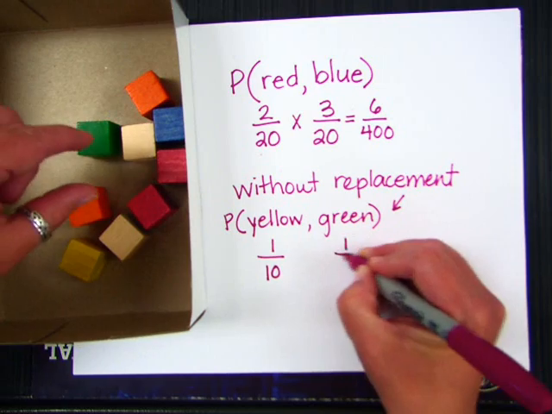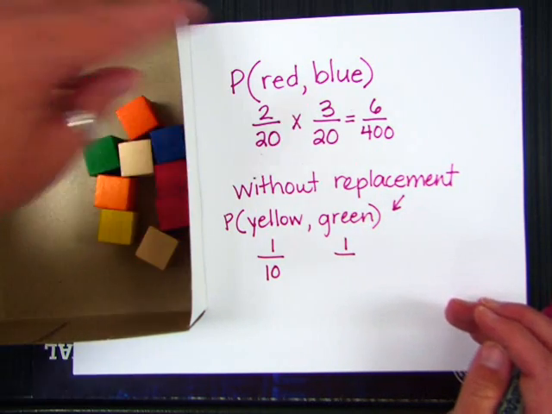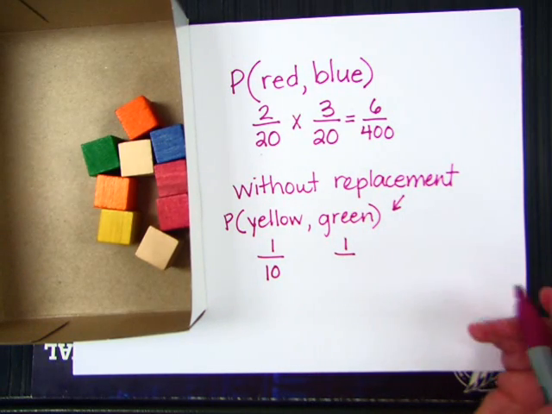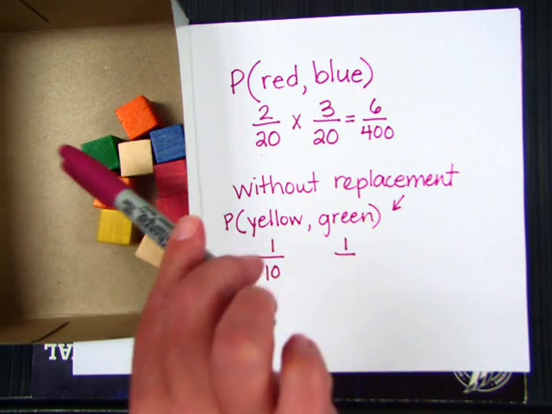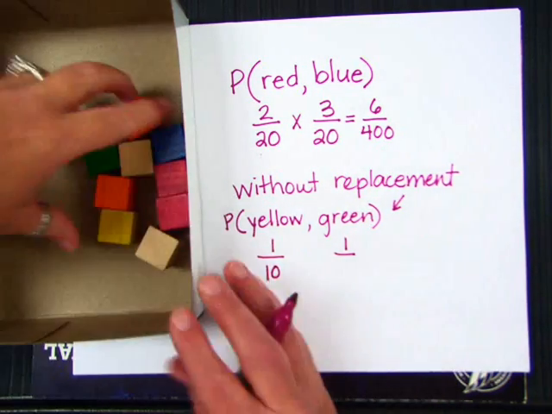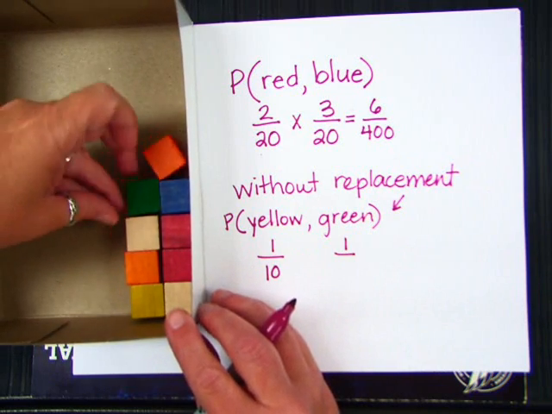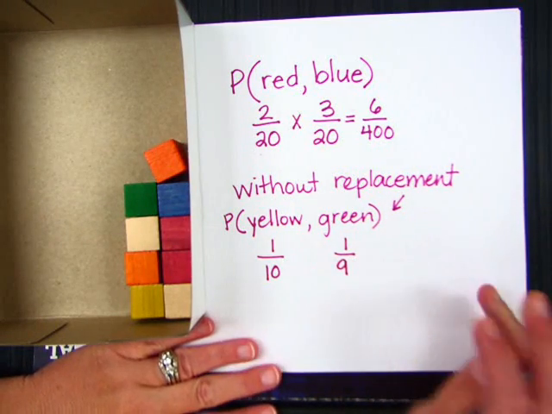Well, you knew there was 1 green in there, but now if I don't put the original pick back in the box, how many do I now have to choose from? Well, I have a possibility of picking 1 green, but now are there 10 cubes in the box? No. Now there are only 9.